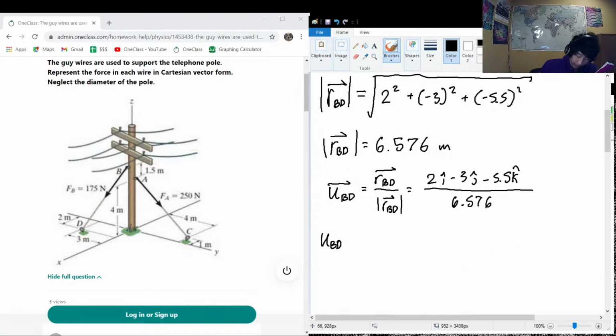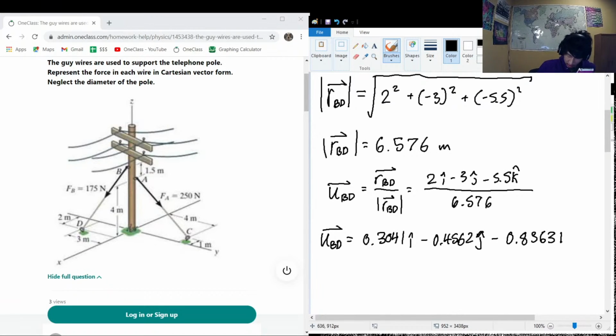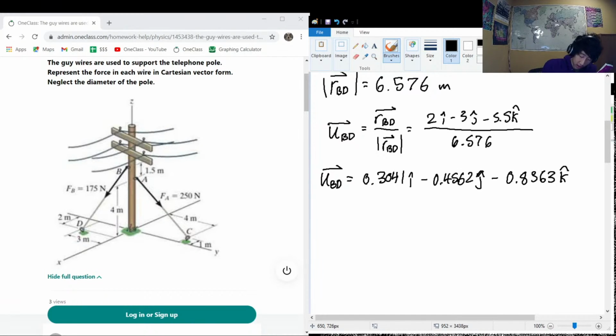Okay, UBD is going to be equal to 2 divided by 6.576, which is 0.30401 in the I direction, minus 0.4562 in the J direction, minus 0.8363 in the K direction. Okay, so this shall be our unit vector for BD.